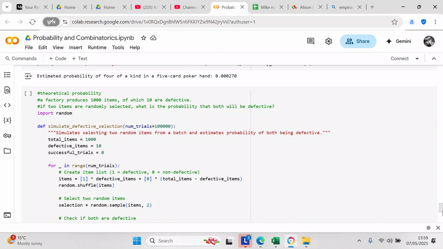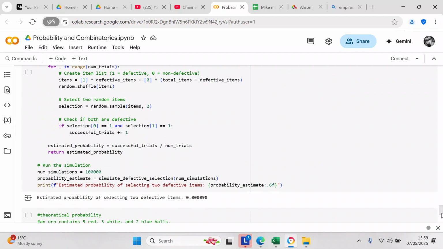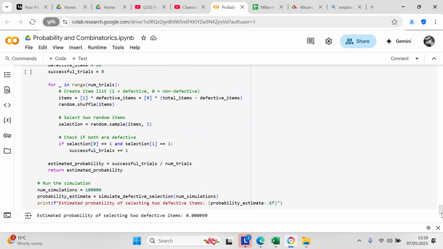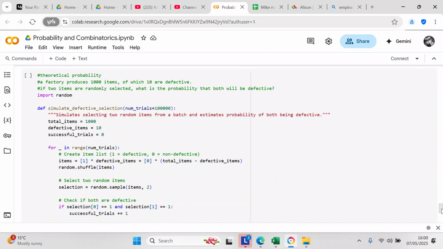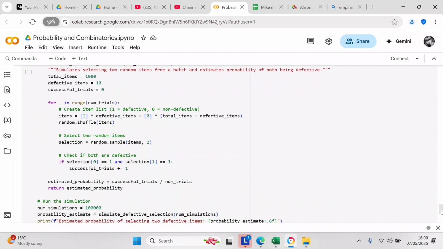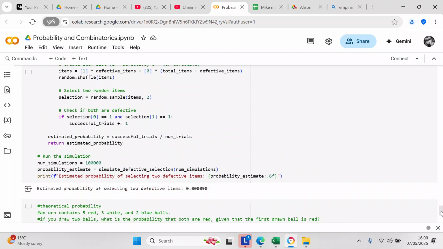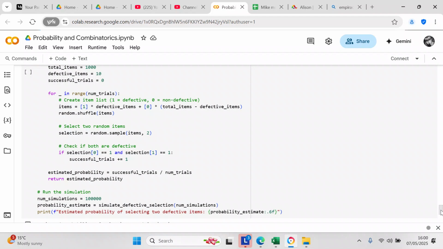If a factory produces 1,000 items and 10 are defective, okay, well, we'll just leave it here as it is.